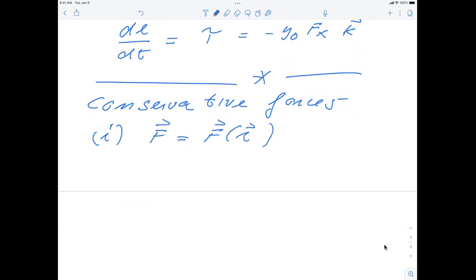Now, some of the exercises which you will encounter this week and also next week, and for the rest of the semester, may have forces which depend only on position, but they may not conserve energy, or they may not conserve angular momentum or linear momentum.